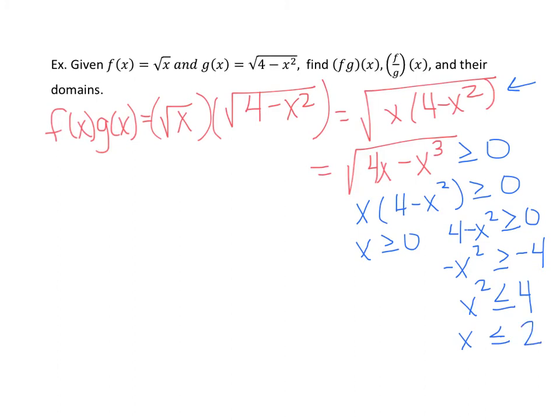We won't worry about the negative 2 since we already have to be greater than or equal to 0. Okay, so my domain, my number has to be greater than or equal to 0, but less than or equal to 2. So all x such that 0 less than or equal to x less than or equal to 2.